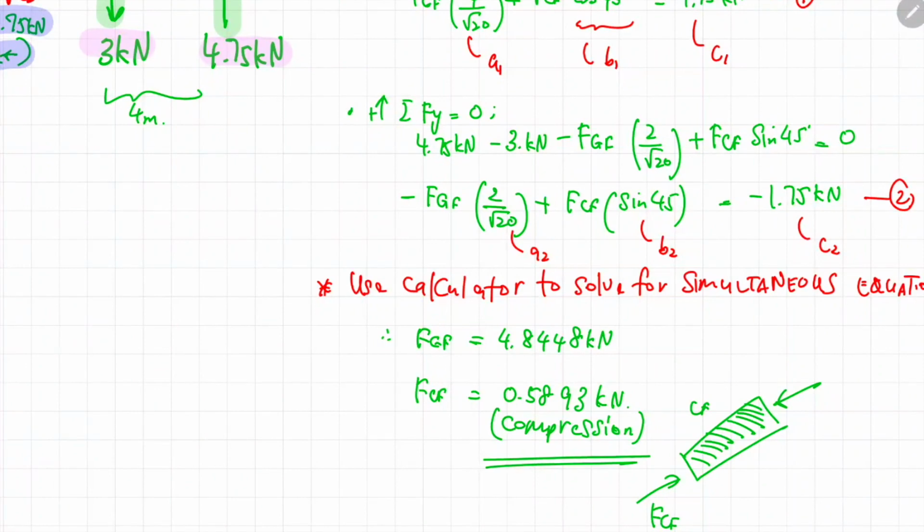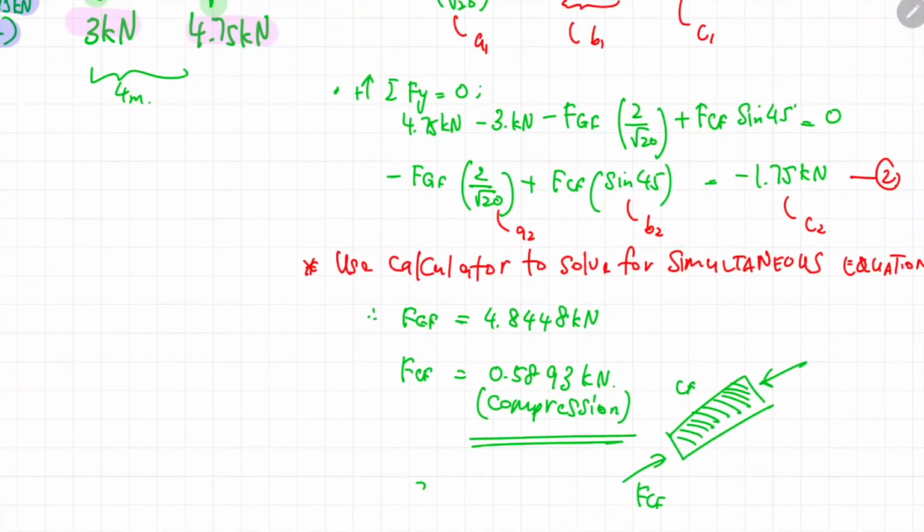Therefore, member CF is in a compression state. Accordingly, I forgot to sketch the diagram for the member GF, so you can try to do this on your own. Similarly, you will get the member GF to also be in a compression state. Okay, done. I'll see you in the next lecture series.